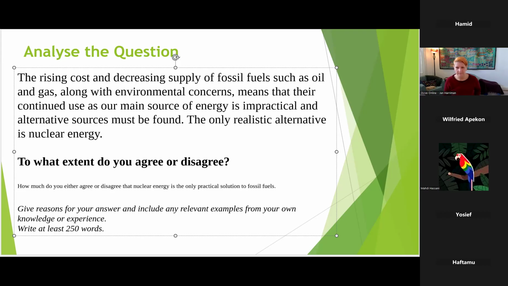The main topic is alternative energy. Okay. We could say it's roughly alternative energy, but in what way? So, all right. So, where's the background information?